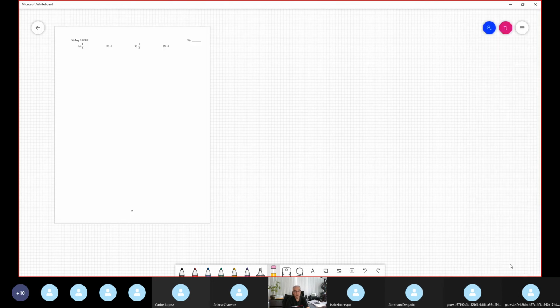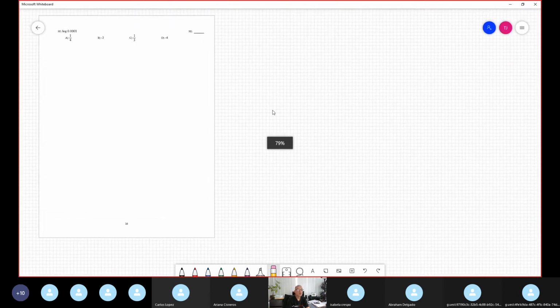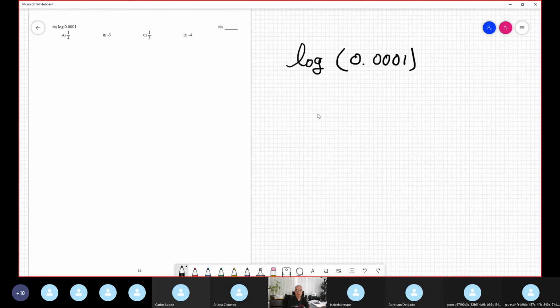Okay, last question. Hopefully easy. What do you think about this? It's a common logarithm of 0.000. How many 0? 1, 2, 3, 0, no? 1. Oh, let me see, yeah. You put it directly in the calculator, no?